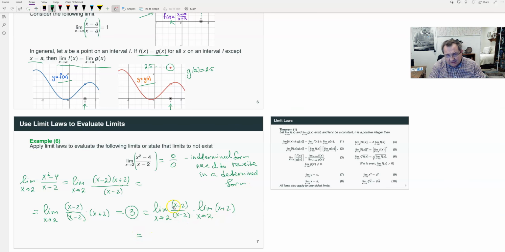Now, the claim is that we can evaluate both. In particular, according to what we discussed over here, that first limit is equal to 1. And to compute the second limit, we can use formula 1 and break into the sum. So we can say limit as x approaches 2 of x plus limit as x approaches 2 of 2.